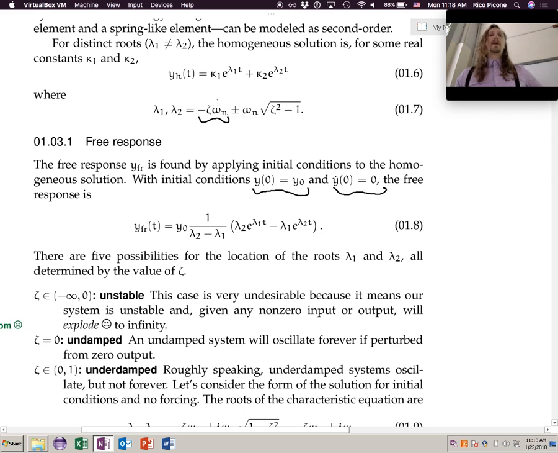So if the real part is positive, we're going to have an increasing exponential. It's bad news. Exponential increase means it's unstable, going off to infinity, or, in this sort of terminology, it will explode to infinity.